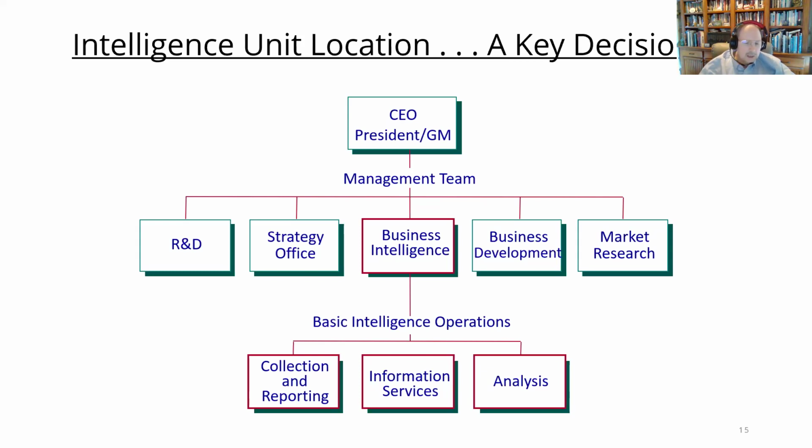They repeated the study in the 1990s. What they found there was that 30% were in the strategy function, 40% were in market research, and now, for the first time, 10% were independent. And that's the reason you see this chart on this page. What you're looking at here is an ideal structure, a kind of dream structure for all of the groups that provide some form of decision support to the top management team and the CEO.